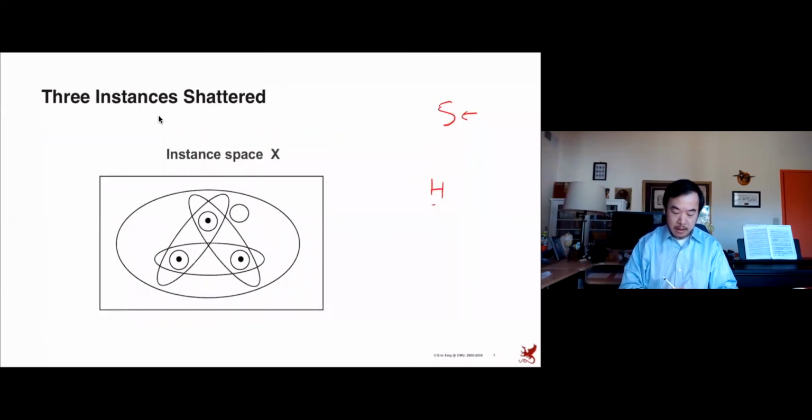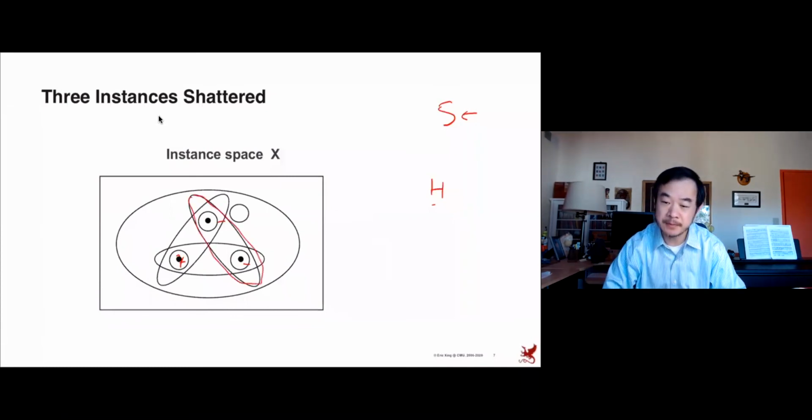For example, I claim that here, I can label these 3 data points in an arbitrary way. For example, I can say this one is positive and this one is negative. These 2 are negative. Then isn't it that this particular ellipsoid is helping to resolve that?